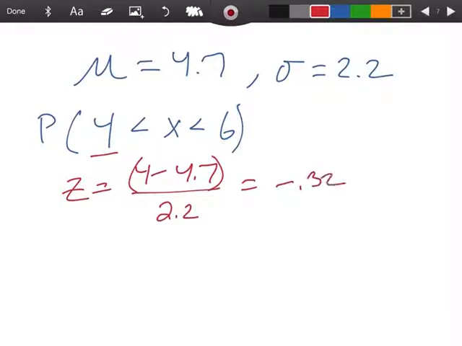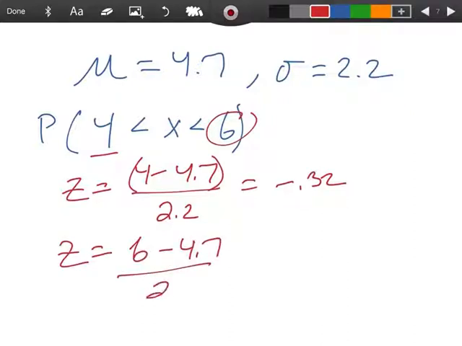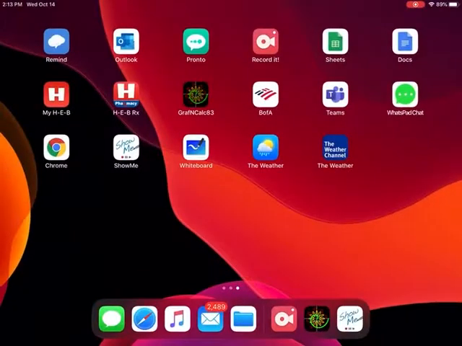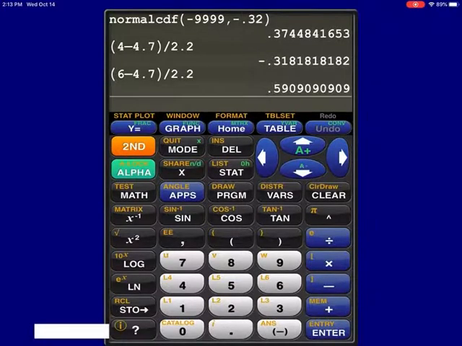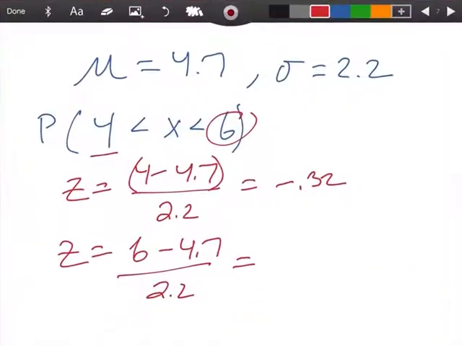So negative 0.32, and then I'm going to do the same thing when x is 6. So 6 minus 4.7 divided by 2.2, okay? So let me take my calculator again, parentheses, 6 minus 4.7, close it off, divided by 2.2, and I'm coming up with 0.59.